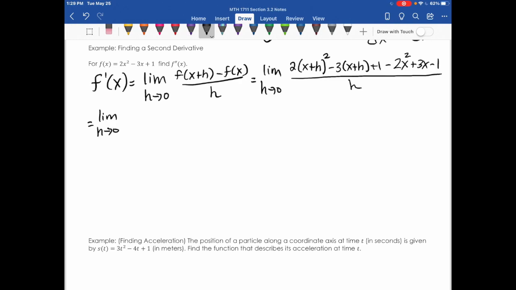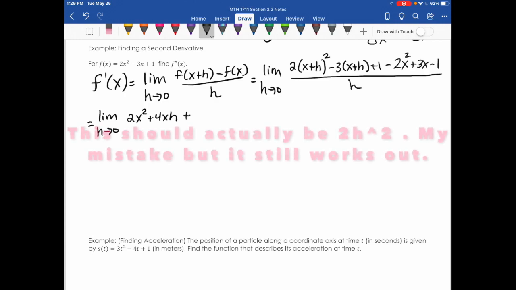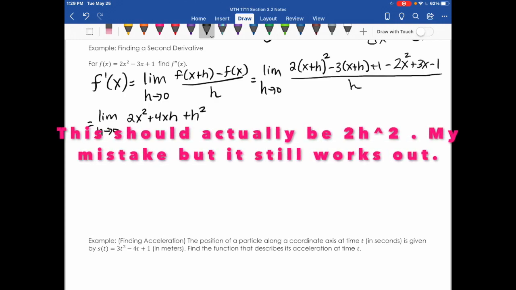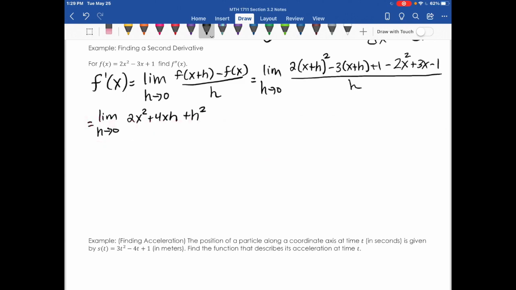Now I'm going to multiply out. So I have x plus h squared. I got to square it and then multiply by 2. When I do that, I'm going to get 2x squared plus 4xh plus h squared.